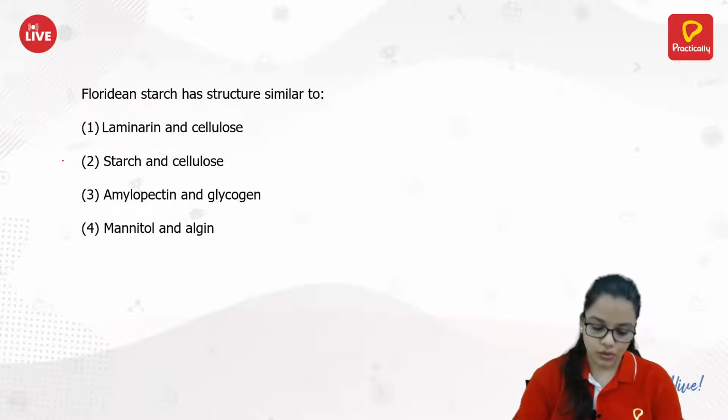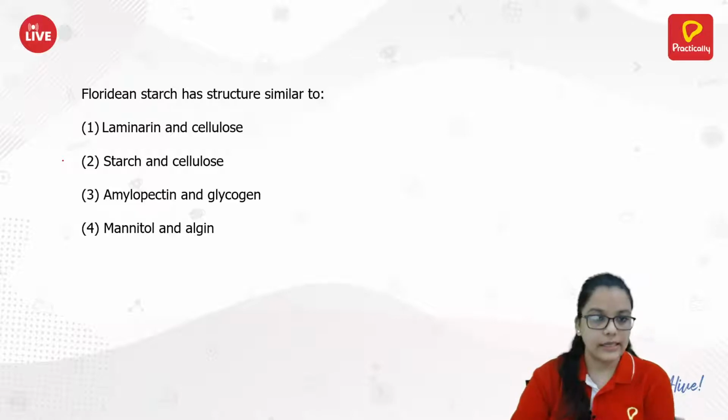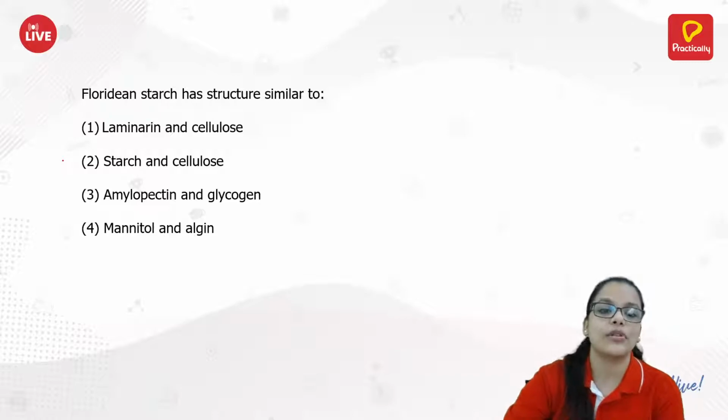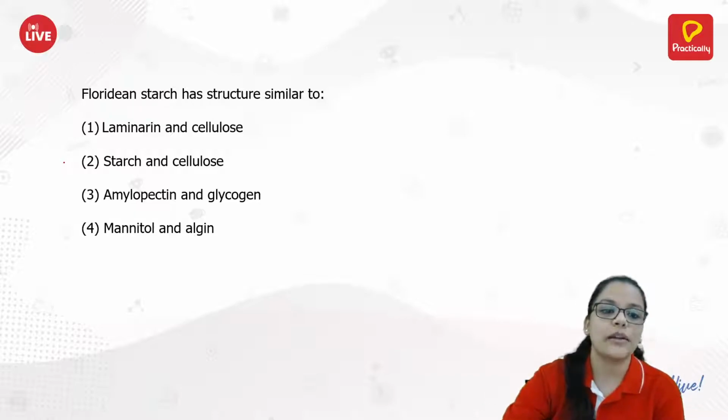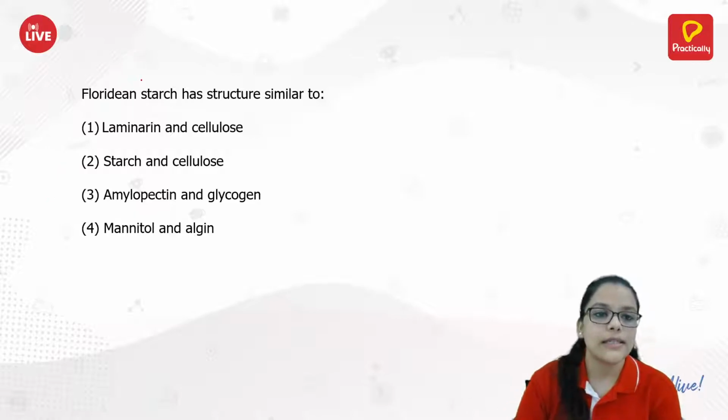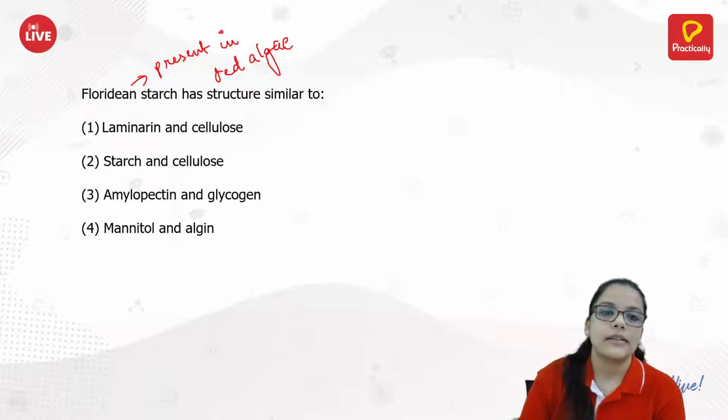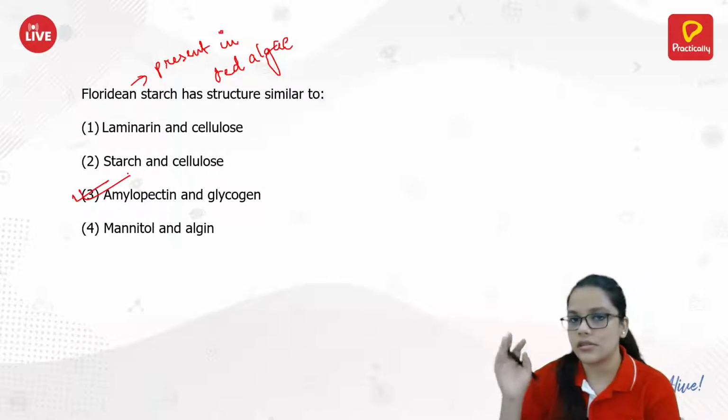Okay, so second, Floridean starch has structure similar to which: laminarin and cellulose, starch and cellulose, amylopectin and glycogen, or mannitol and algin. Floridean starch is present in red algae, which have phycoerythrin, and the structure is very similar to amylopectin and glycogen.